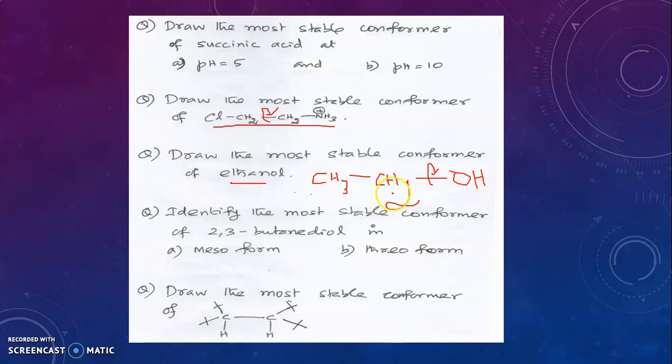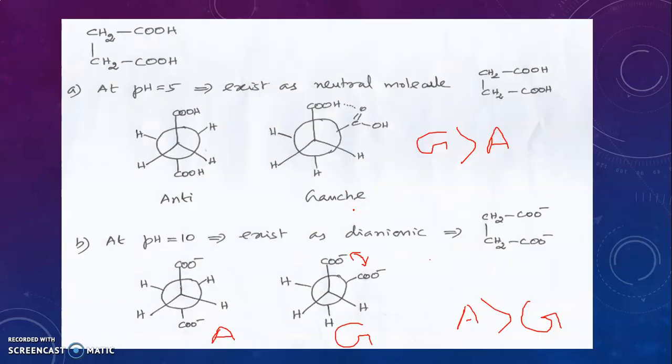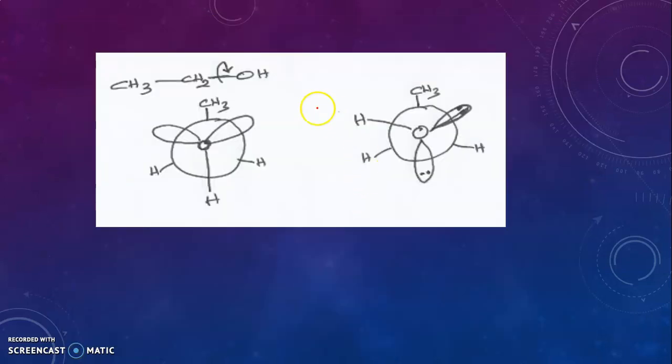Now see, this is ethanol. I am going to consider this carbon-oxygen single bond for conformational analysis, and these are the two possible conformers. I will take this carbon as the rear atom, and the oxygen as the front atom.